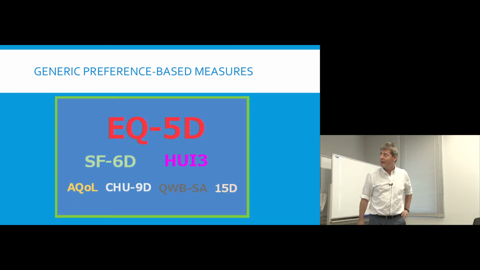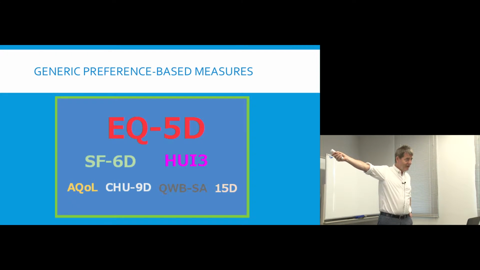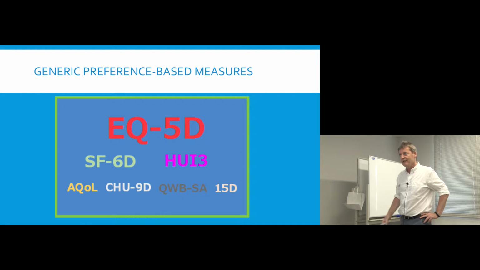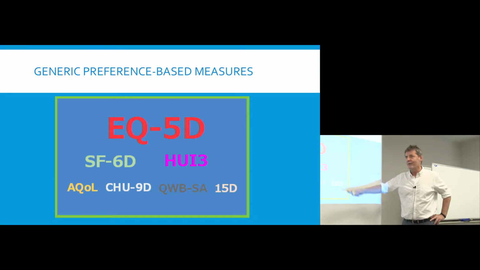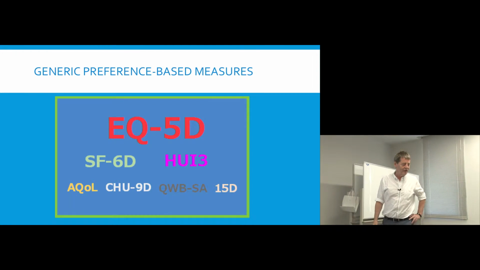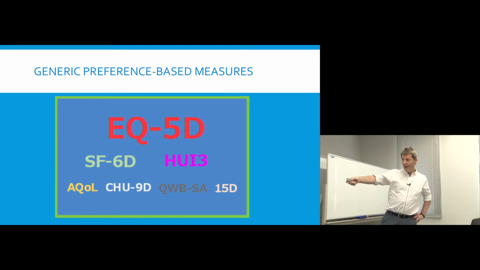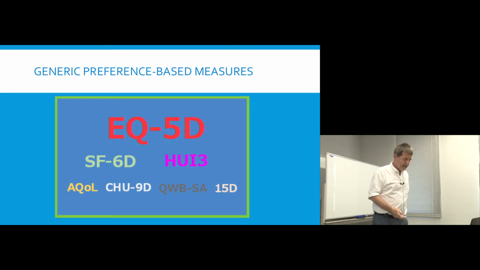So, generic preference-based measures. This is just to remind you, EQ5D is a world leader. It's the big one. SF6D, it's there. The HUI3, the most recent incarnation of the Health Utilities Index, is quite important. Otherwise, the other measures are not widely used.